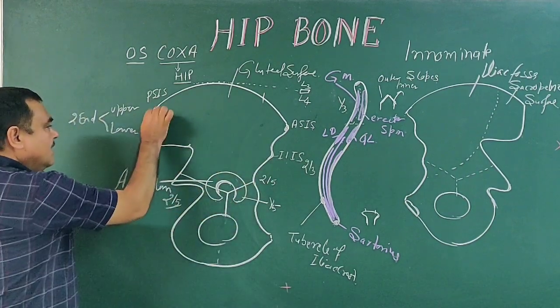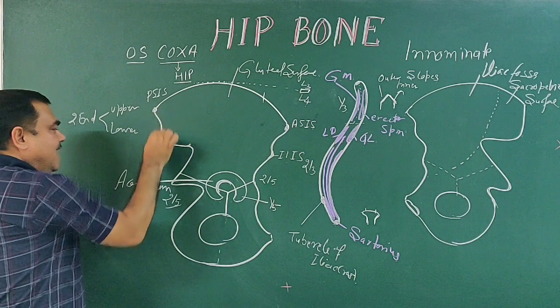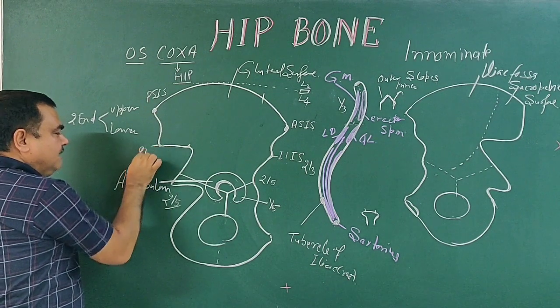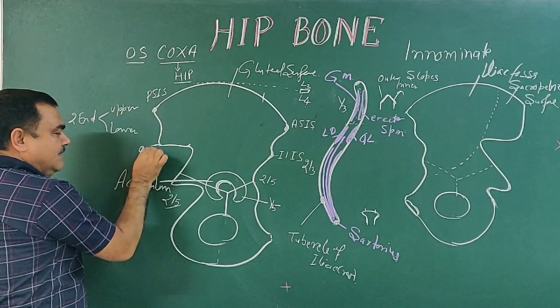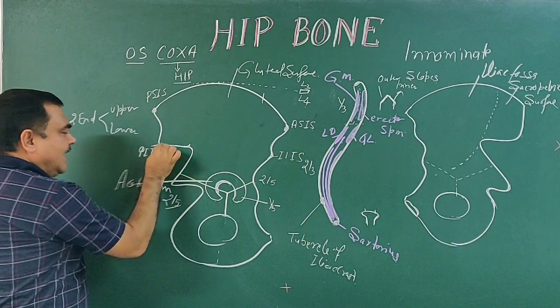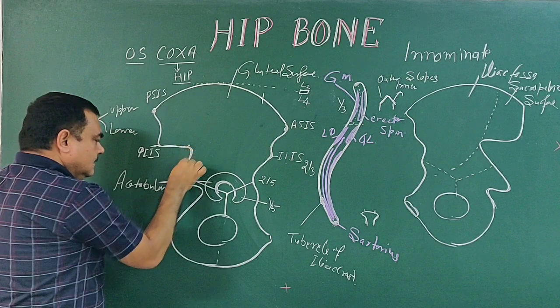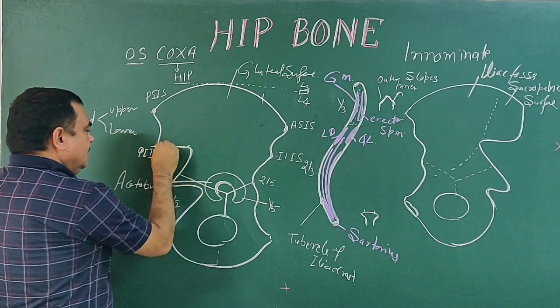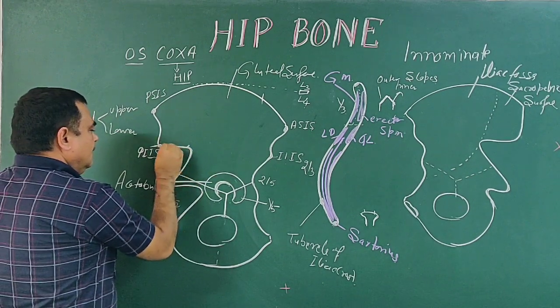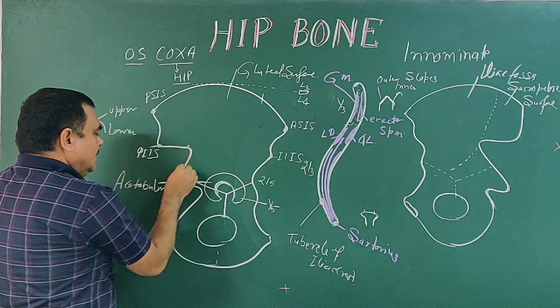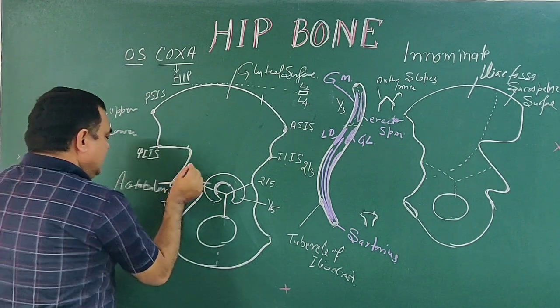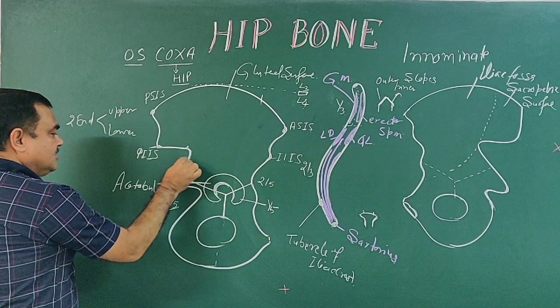At the posterior border, here is the posterior superior iliac spine, and this is the posterior inferior iliac spine. An important thing here is the notch, known as the greater sciatic notch.